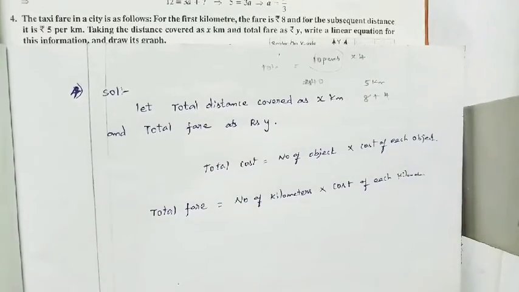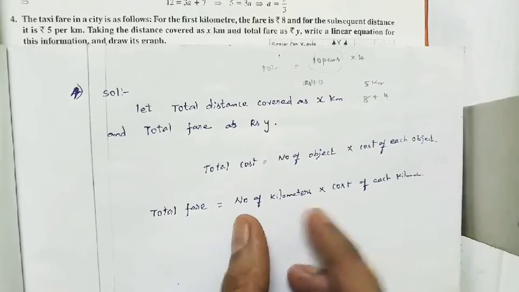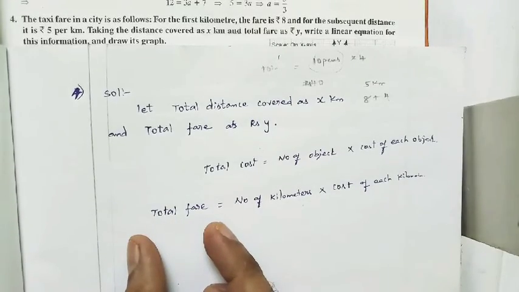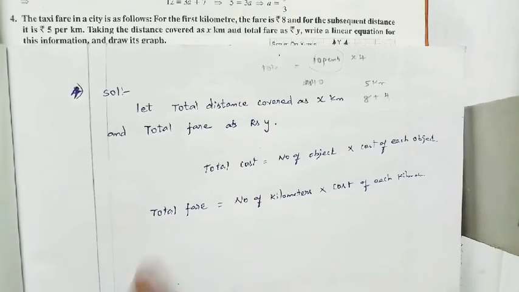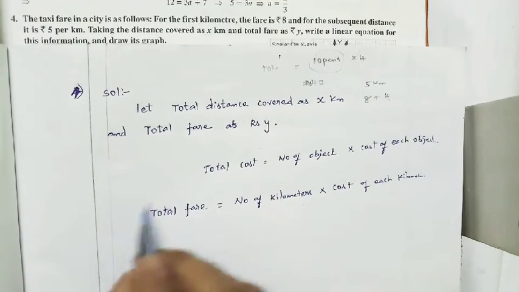For each kilometer, how much is the cost, multiplied by the number of kilometers, gives the total cost we have to pay. So from that we know what the total fare is.